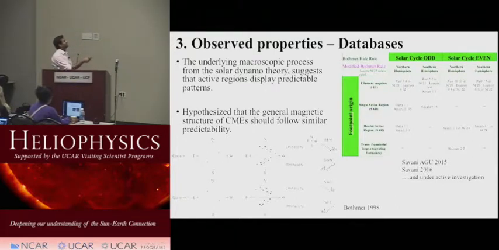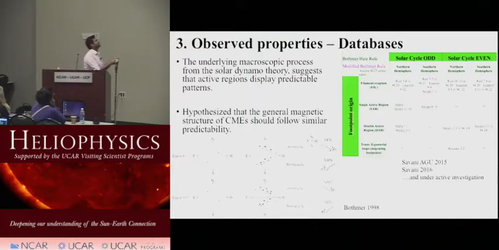In odd solar cycles, like the previous solar cycle, 23, in the northern hemisphere you'll have an active region leading with a positive polarity, and in the southern hemisphere something leading with a negative polarity. That's pretty consistent, and you'll see it in the butterfly diagram. The opposite happens with even solar cycles, like solar cycle 24 that we're in now: in the northern hemisphere, it'll be leading with a negative polarity.